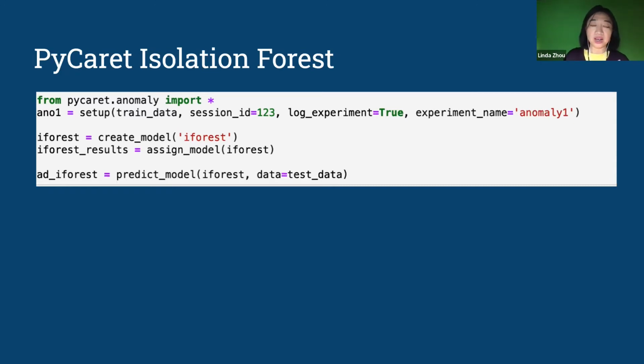In order to call isolation forest, you have to set it up, create a model, assign the model, then use predict model. It seriously is a commitment, right? If you decide to use PyCaret, your code will be totally different from your normal scikit-learn type of code. It is just a lot of commitment.